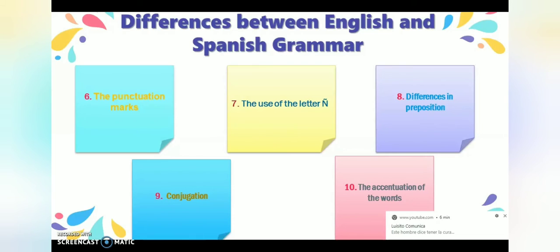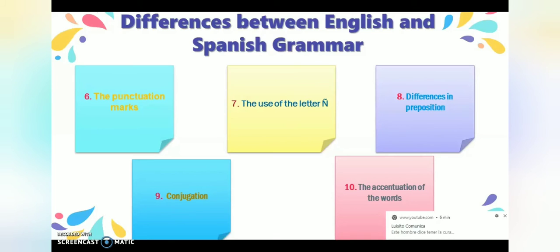Differences in prepositions. There are a few prepositions in English: over, under, about, across, behind. We use some prepositions to determine the exact location in time or place of an object. Prepositions definitely play as much of a role in Spanish, with fewer words, which seems to leave ambiguity for the English speaker.